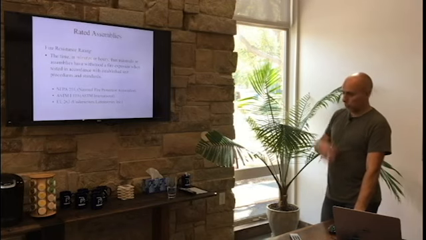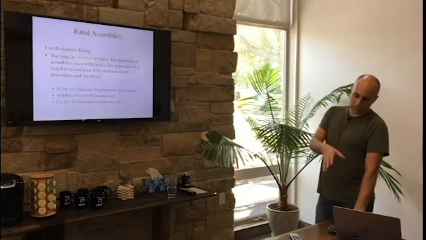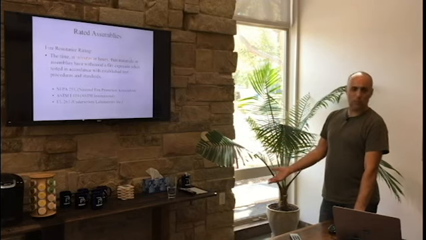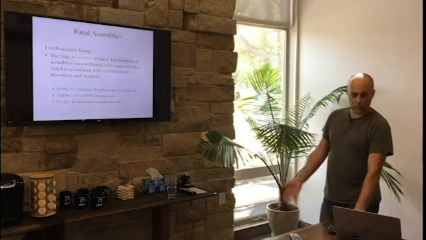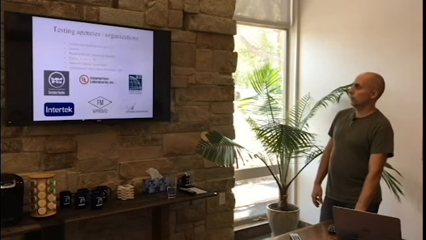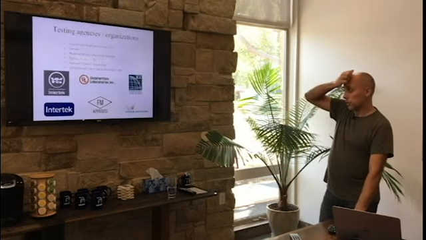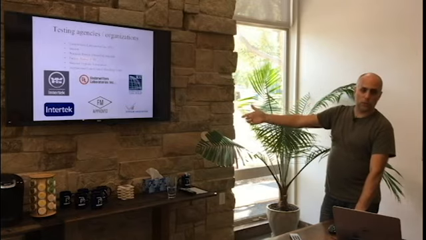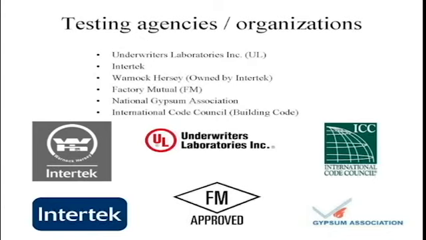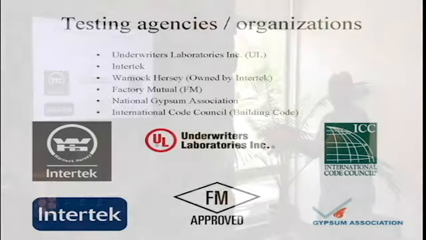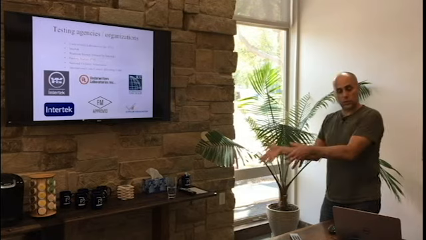You can't interpolate that, well, that passed, so then this one will. If it hasn't been tested, you have no documented evidence that it will pass or ever will actually last like it's supposed to. Like I said, there's a lot of different ones. There's also a lot of different places you can get those assemblies, because a lot of other agencies such as the ICC, International Code Council, as well as the Gypsum Association in the United States, publish assemblies that actually reference tested assemblies.